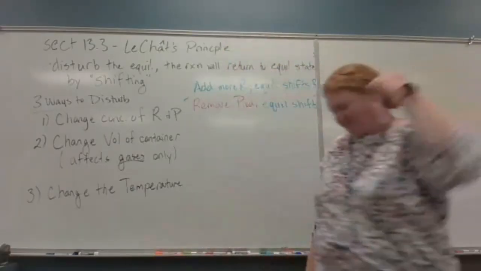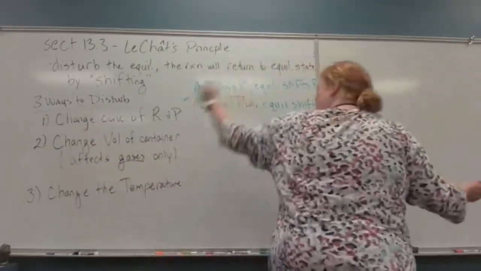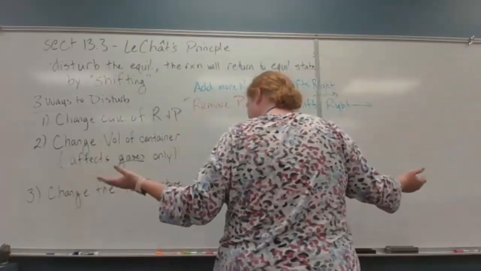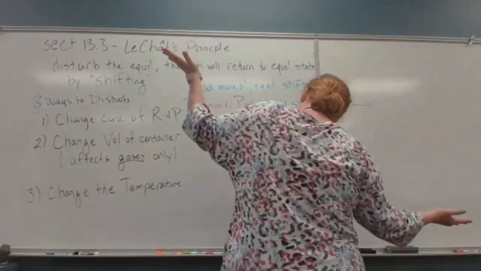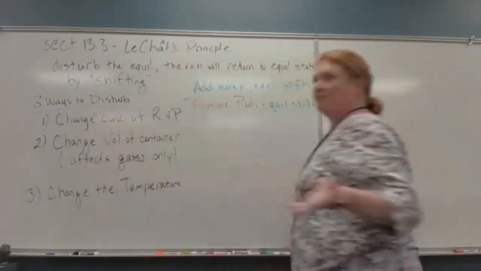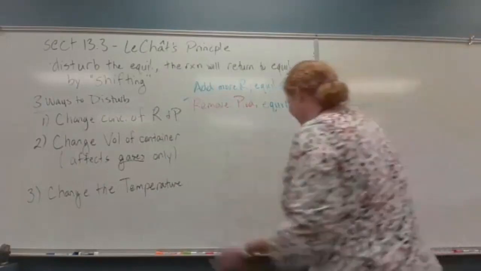Do the other two scenarios. All right. Here we go. What if I remove reactant? How am I disturbing it? Oops, now I'm like this, right? Which way do I got to tip? I got to tip to the left. My teapot's going to the left. That's how you want to take that.